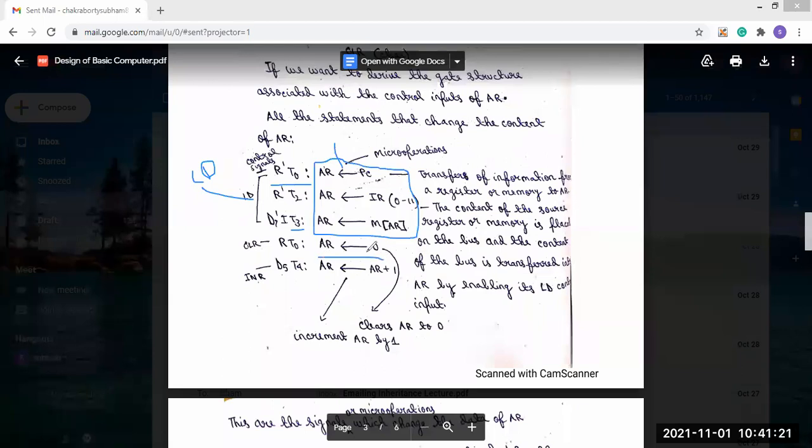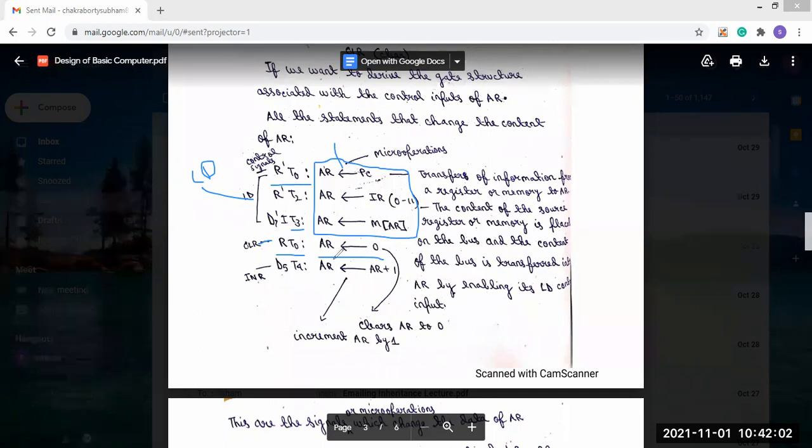Now, this is what AR tends to 0. That means we reset the address register to 0 at the R T0 timing signal. So it is associated with the clear operation, because previously we have seen that the sequence counter will generate CLR, that means it is reset to 0.